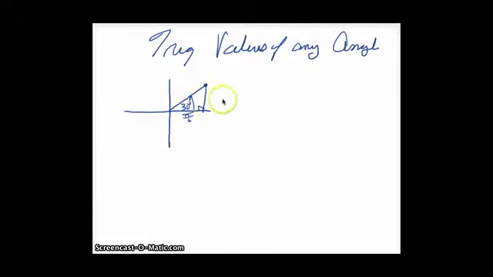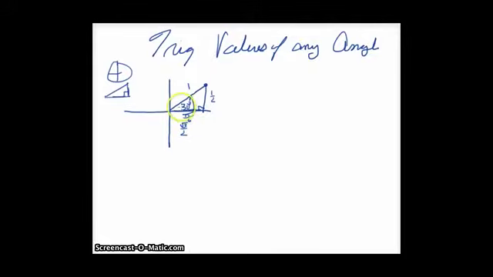Well, this is a combination of the unit circle and our special triangles. So let's see. Hey, 30 degrees. Remember, this was 1. This was 1/2, and this was radical 3 over 2. Okay, this side right here.